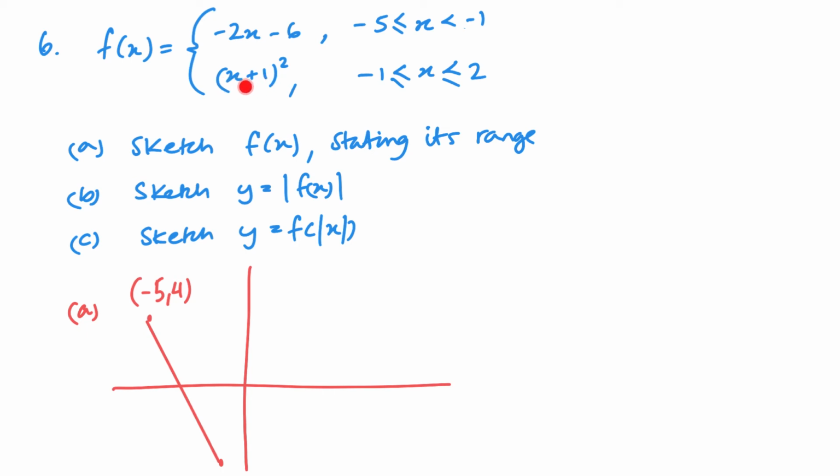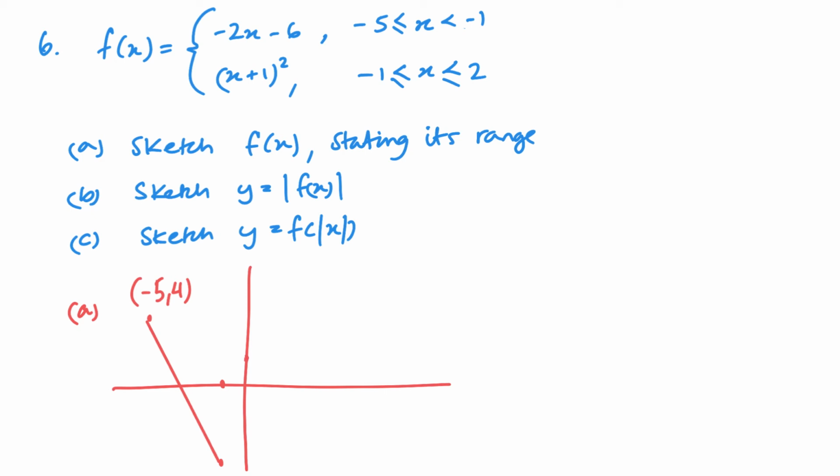Looking now at this second part here, where I substitute the -1 in, so -1 goes in here, -1 plus 1 is 0. So when x is -1, this is going to be 0. So at the same point, just up here, we're looking at there, and then it's going to be an x squared graph. I'm going as far as 2. If I substitute a few points in, so let's substitute 0 in, we get 1.